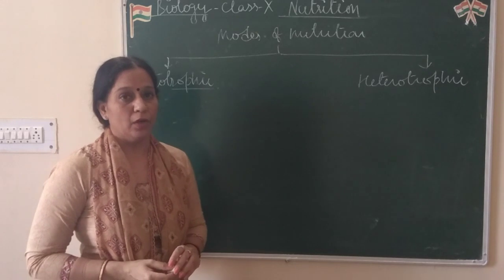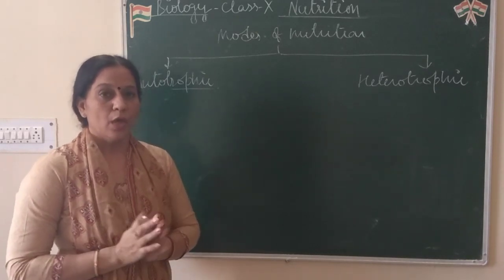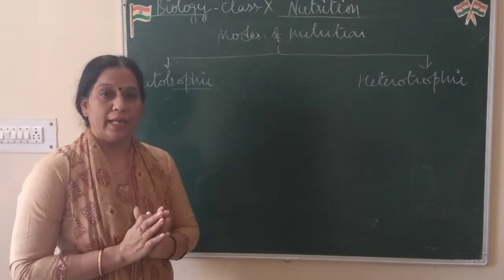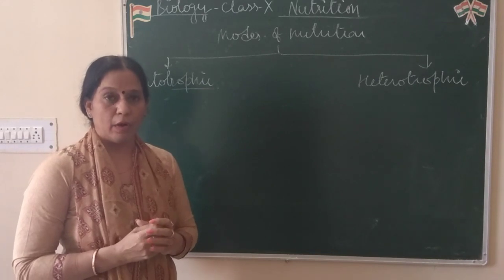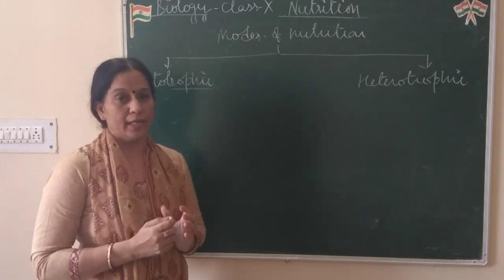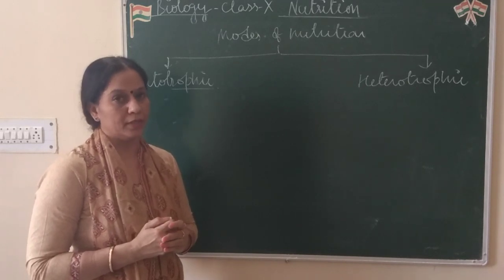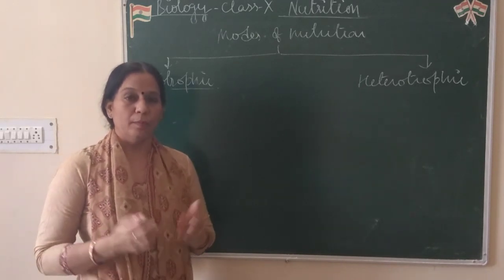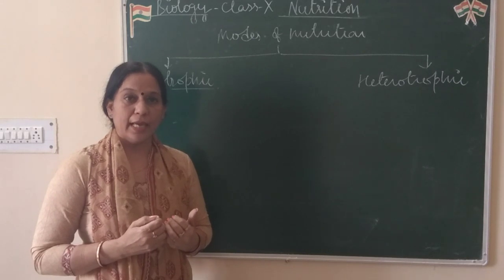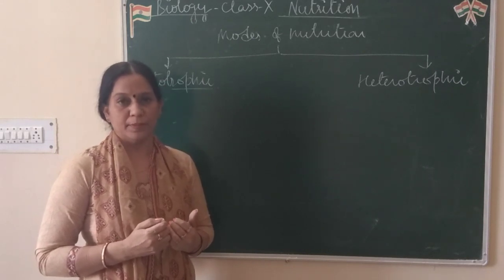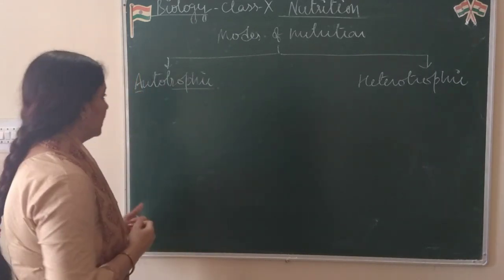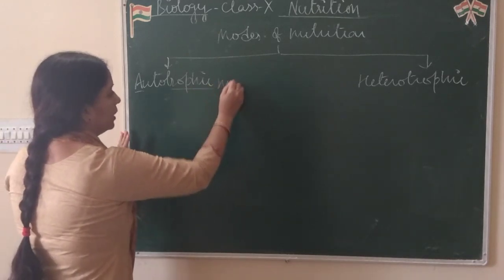That means those living organisms which prepare their organic food with the help of simple inorganic substances or raw materials present in their surroundings. That means preparing food by their own, utilizing inorganic materials or substances present in the environment. That is called autotrophic nutrition.